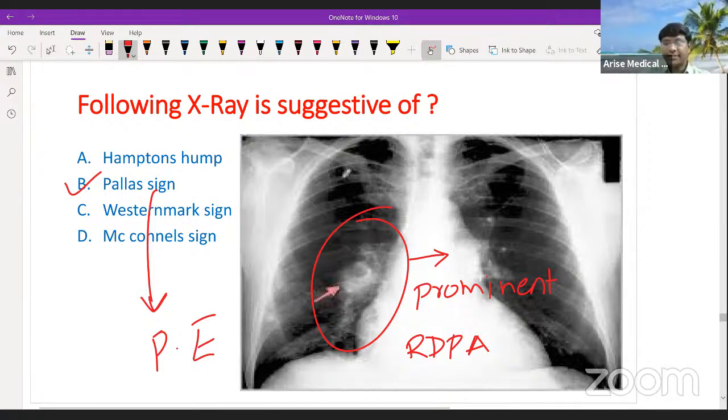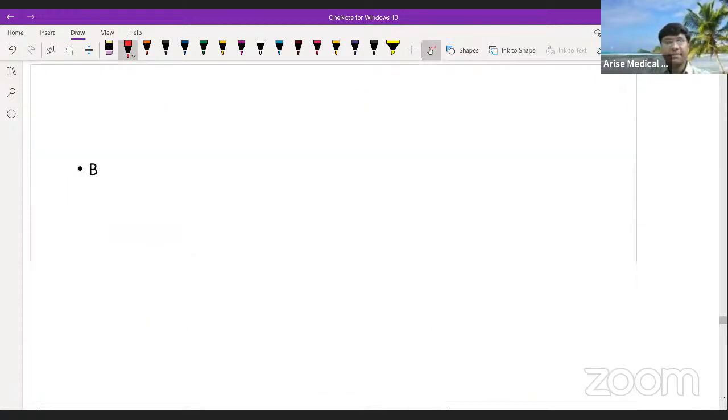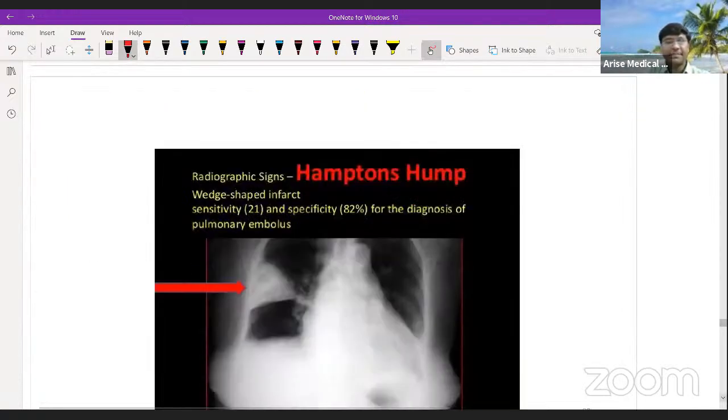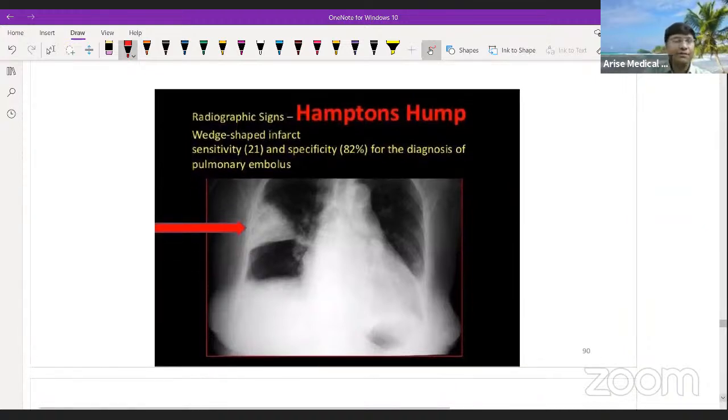Now, take the other signs in pulmonary embolism. Another sign is the presence of a wedge-shaped infarct, and this wedge-shaped infarct is nothing but Hampton's hump. Yes, Vaibhav Ahuja, Gallium-67 we do in sarcoidosis, but not in pulmonary embolism.